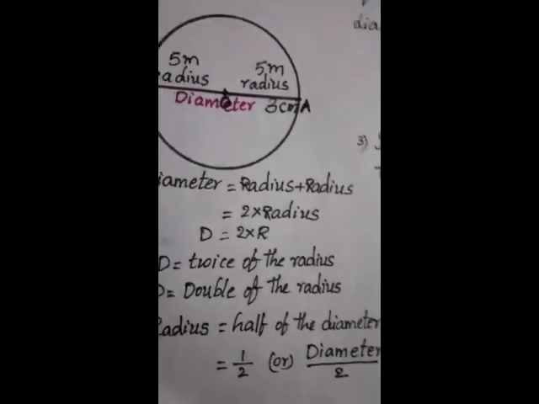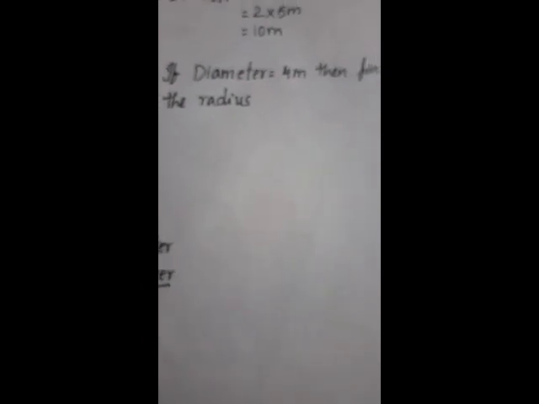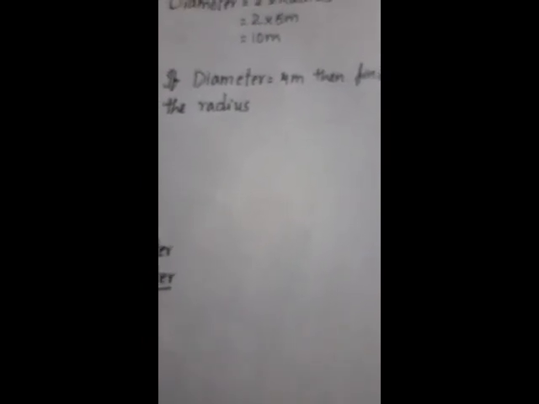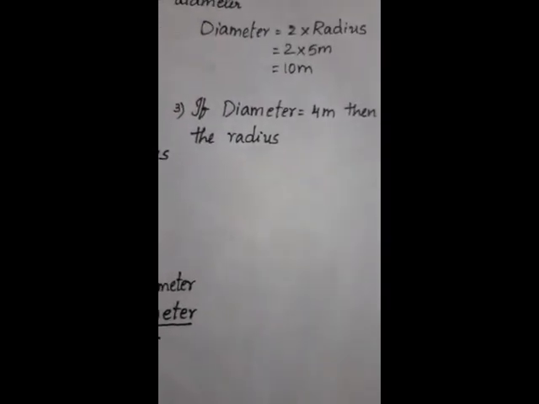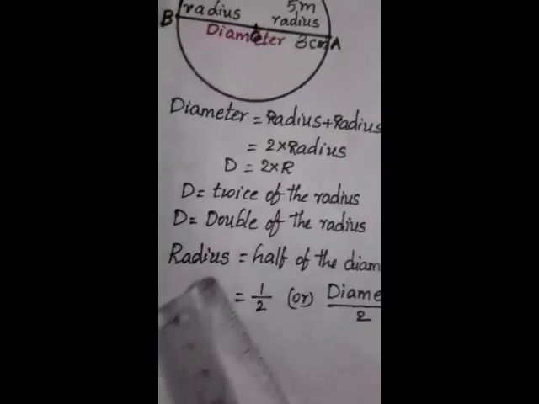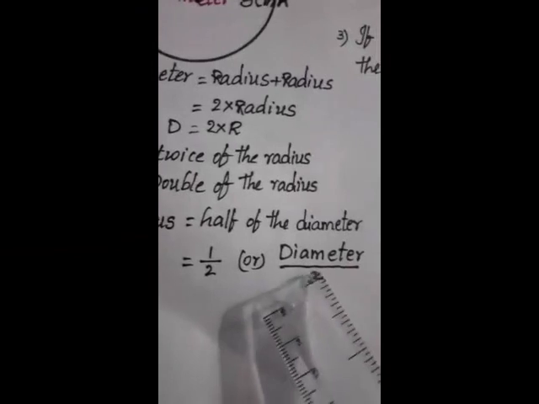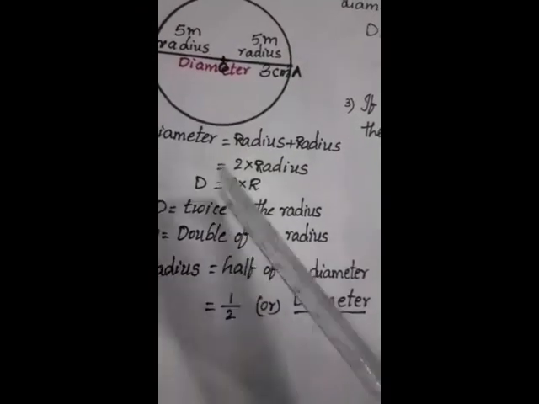Okay. Now another model: they have given the diameter and you have to find the radius. Look here, if diameter is equal to 4 meters, then find the radius. For that you have the diameter formula, right? What is the diameter formula? Diameter equal to 2 into radius.